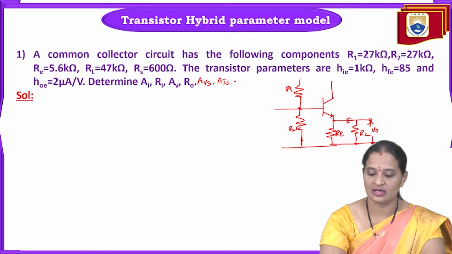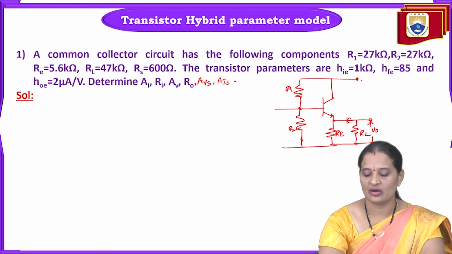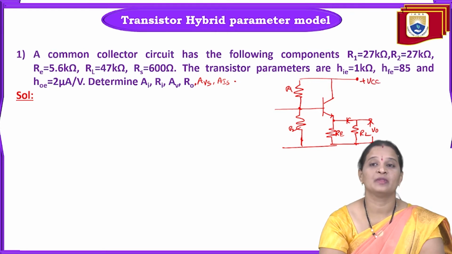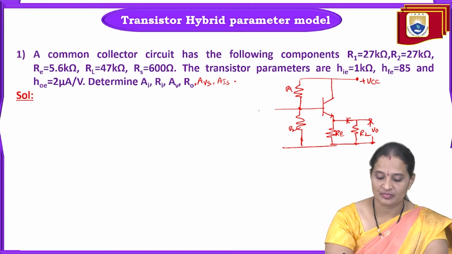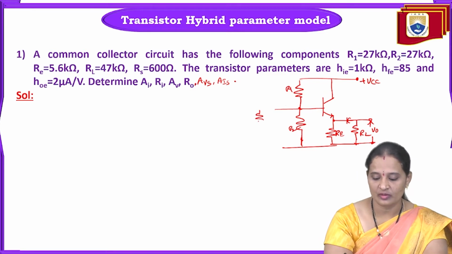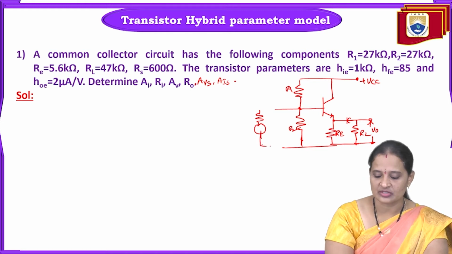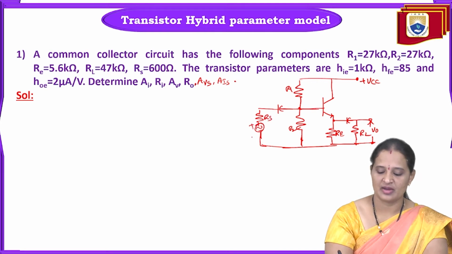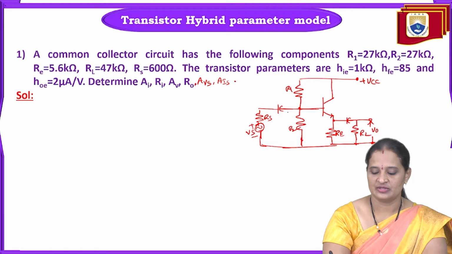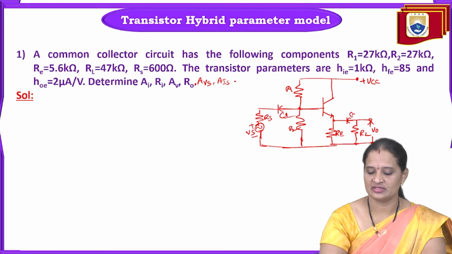As it is a common collector configuration, the collector is common between the input and output, whereas the input is applied to the base terminal. So this is the circuit diagram. Now this is RS and VS, and this is C1 and this is C2.